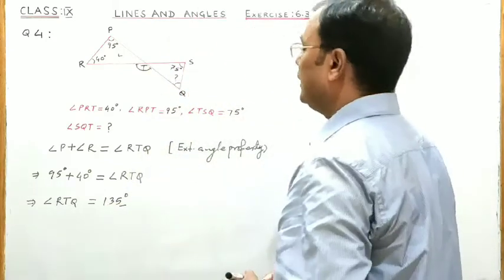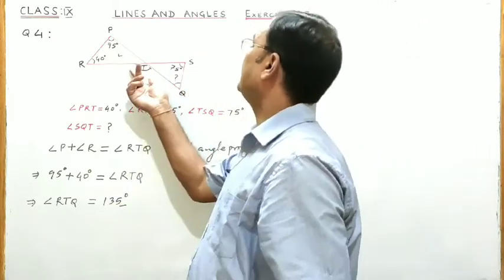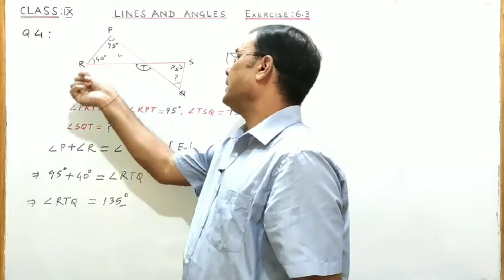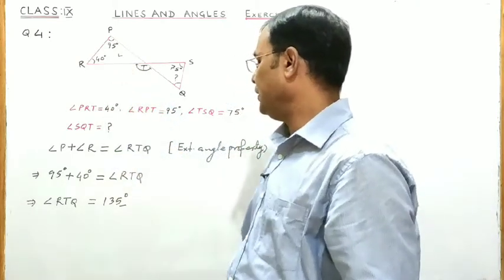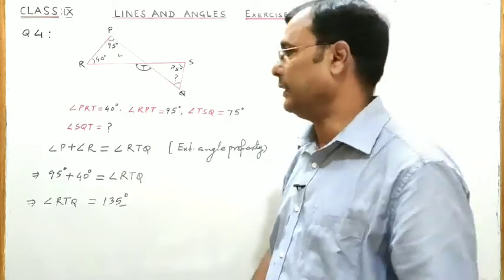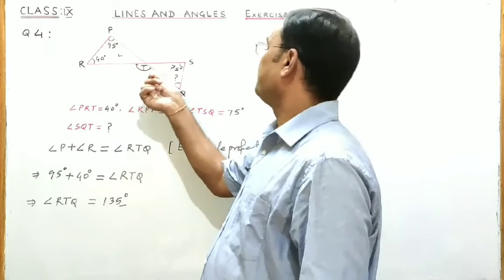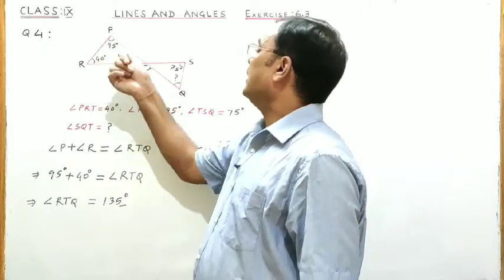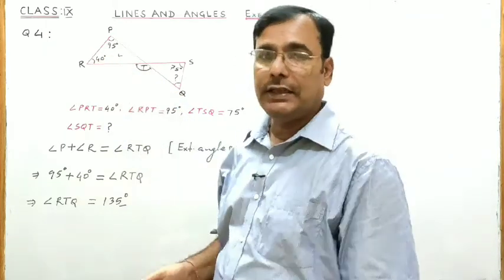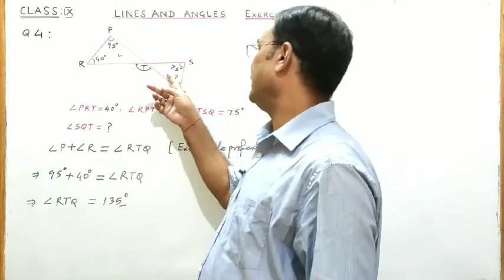So this way angle RTQ, which is the exterior angle of triangle PRT, we have found equal to 135 degrees. Now the same exterior angle RTQ for triangle PRT is also the exterior angle for triangle SQT.